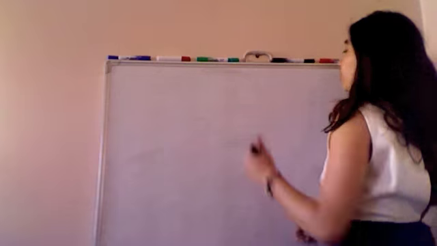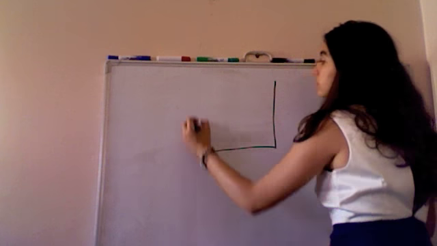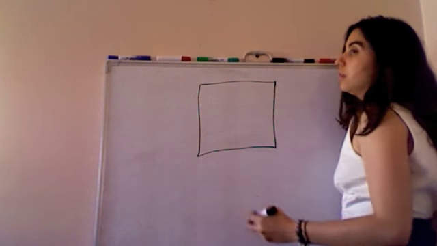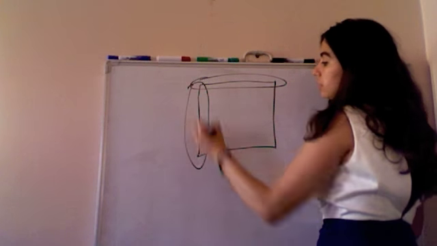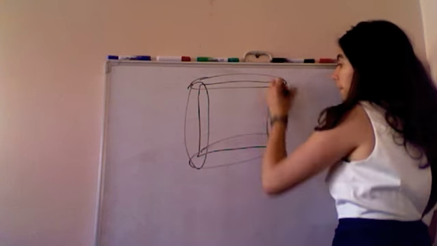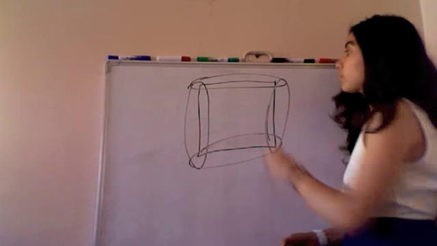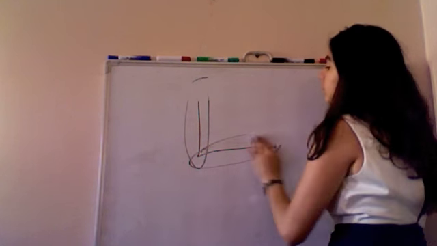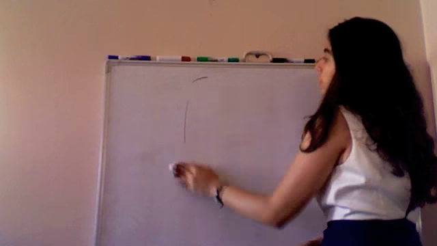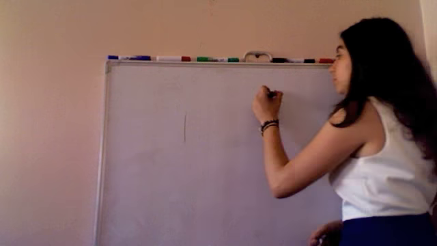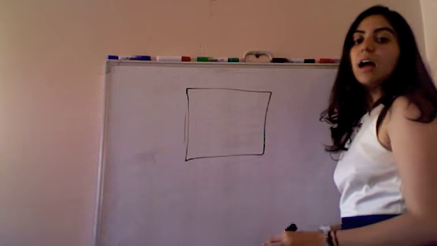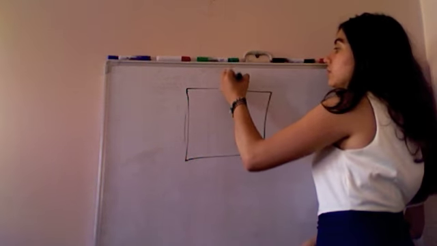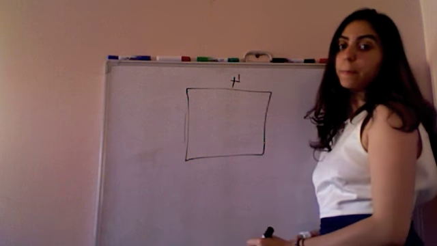So, for example, the perimeter is the total of each side of a polygon. For example, a rectangle has one of its sides as 4.